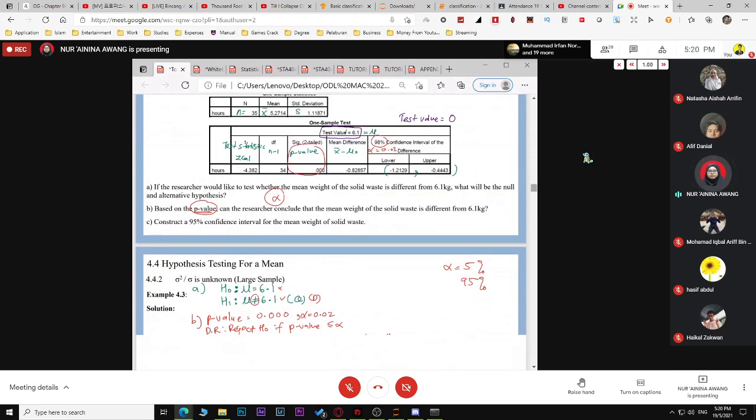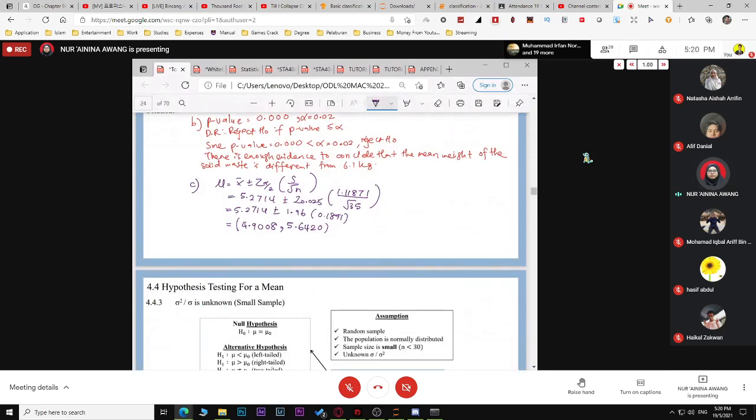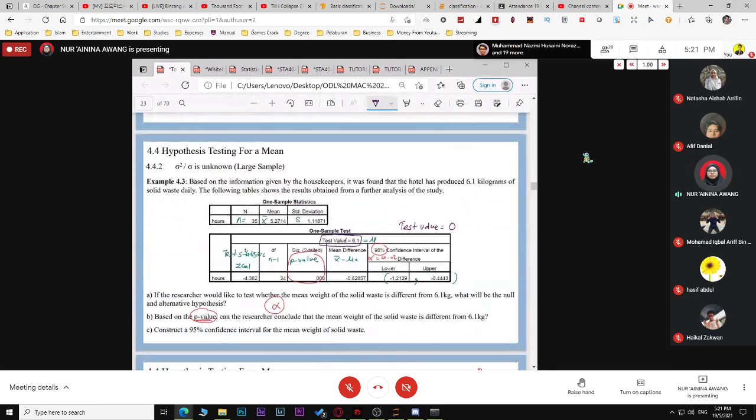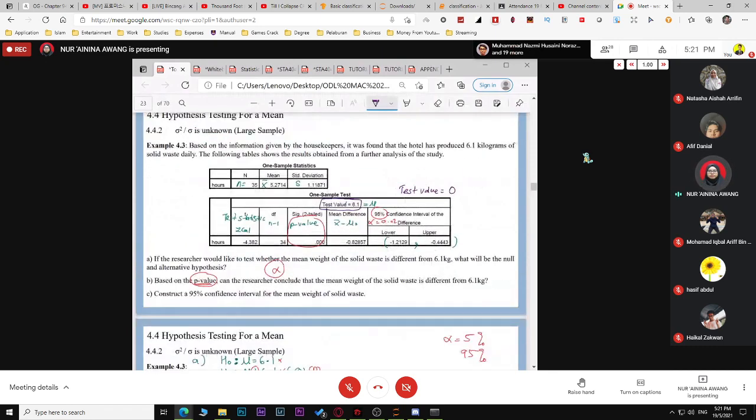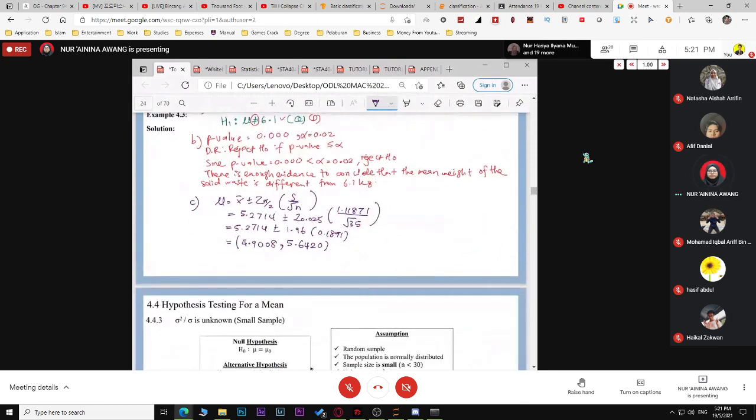No need to minus the test value since your test value is 0. But in this case, the test value is 6.1, so this is not your final answer. You need to minus 6.1 from this value. So 4.9008 minus 6.1, you will get negative 1.1992.